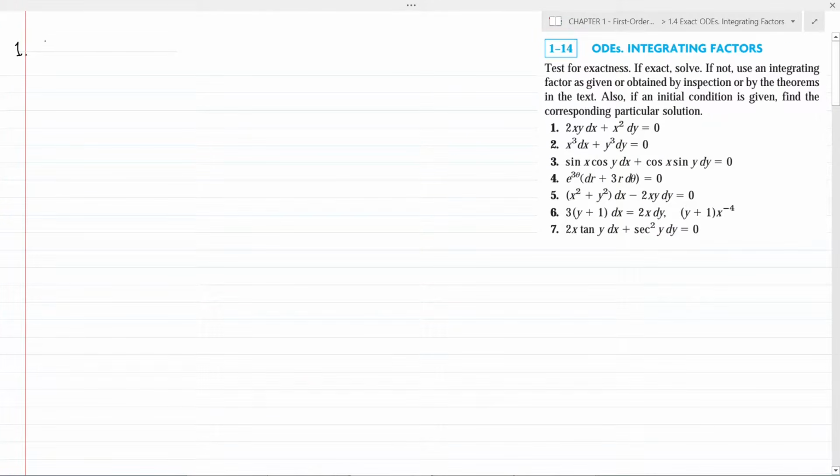Problem 1. The differential equation given is 2xy dx plus x square dy equal to 0. Here this first one is M and the second one is N. M is the coefficient of this dx term and N is the coefficient of this dy term.